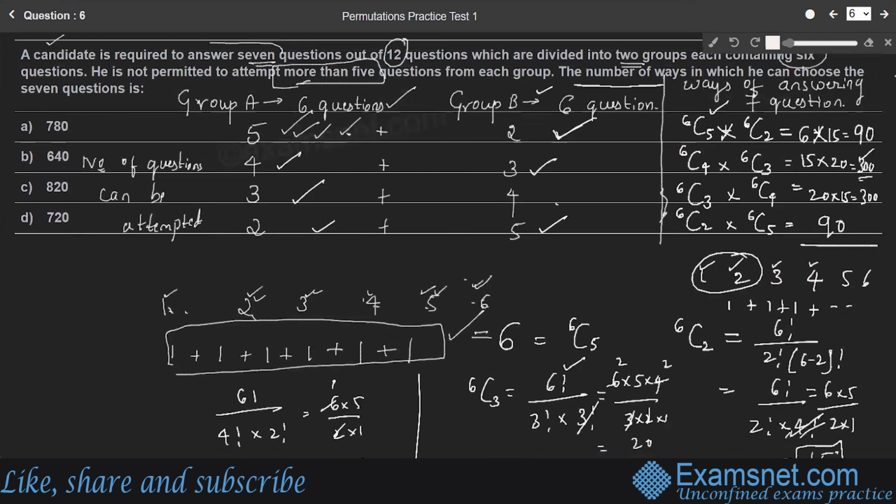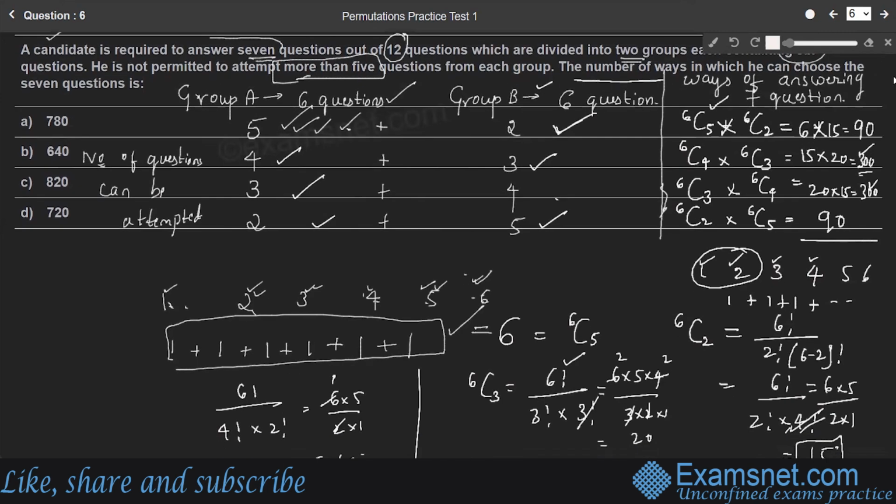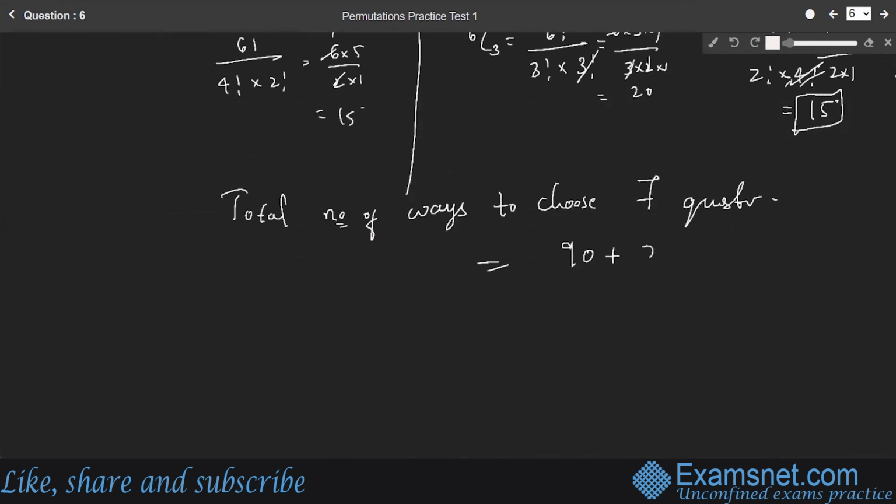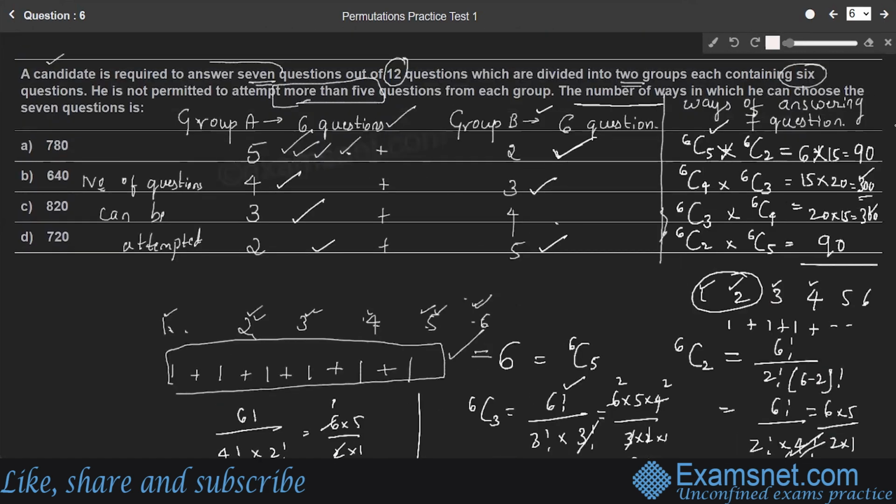In the second and third cases, he has 300 and 300 ways. And in the last case, he has 90 ways. So together it is 780 ways to choose 7 questions, right? There are 780 ways to choose only 7 questions out of 12 questions.